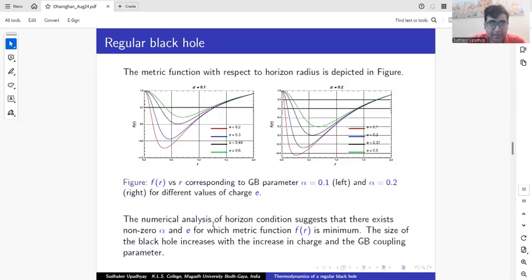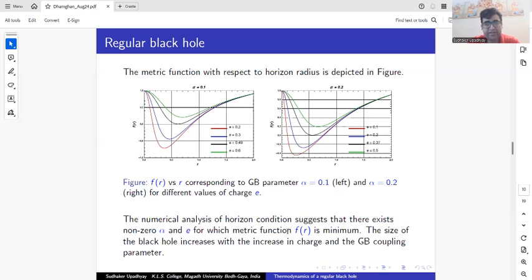So if you plot the metric function with respect to horizon radius, you can see this is the plot. Here you can see that the numerical solutions suggest that there exist non-zero Gauss-Bonnet parameter alpha and charge E for different values of this alpha and charge.